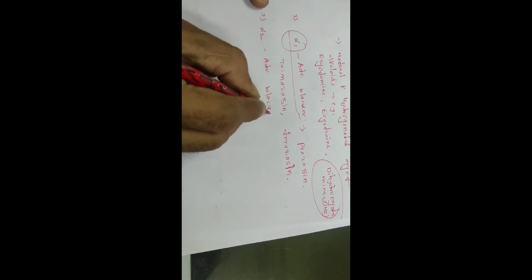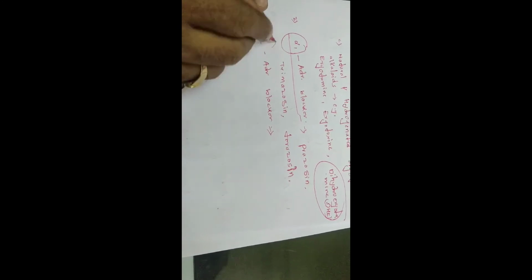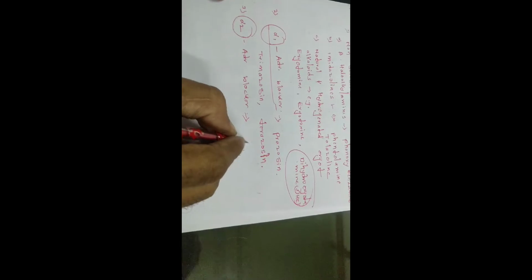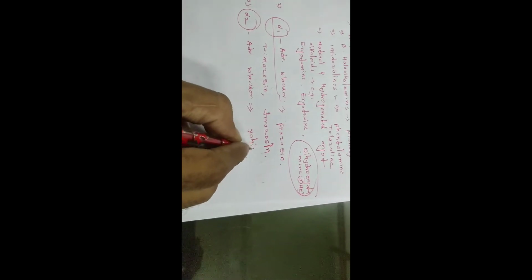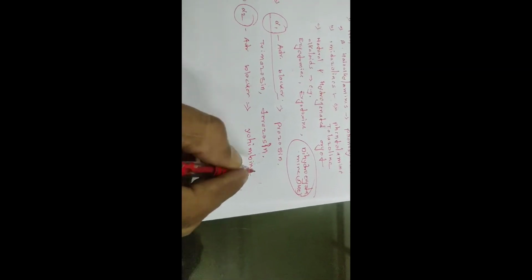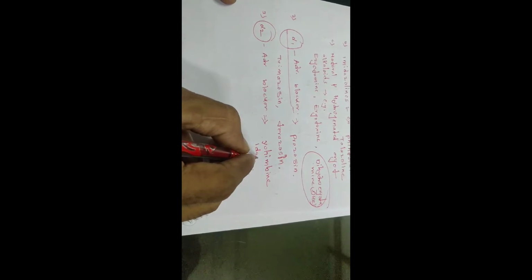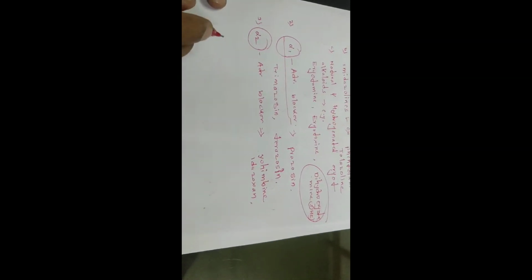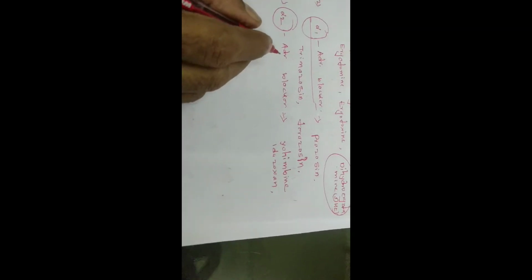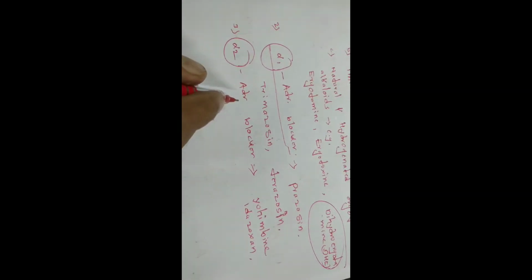Last, alpha 2 adrenergic blockers. This agent blocks only alpha 2 receptor action, mediated through yohimbine and idazoxan. Now these are the classification of alpha blockers.